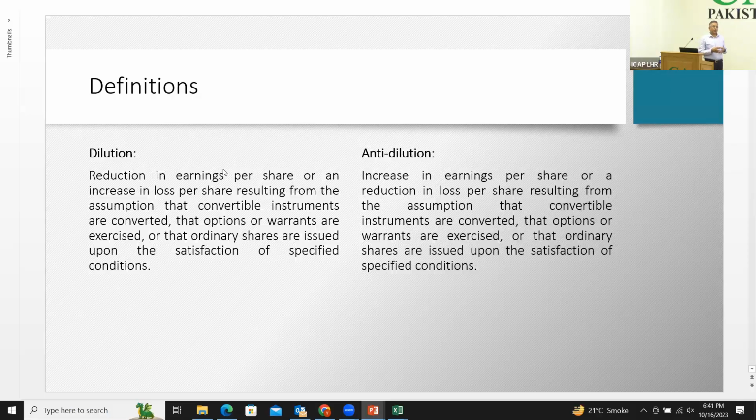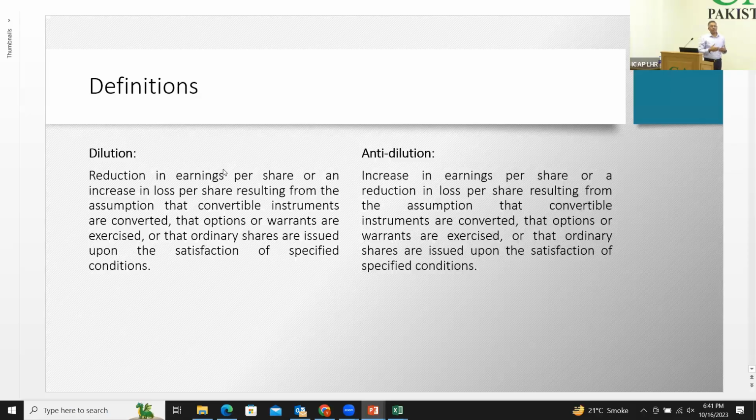What is dilution? Dilution means if it is assumed that these potentially issuable shares have been issued, and my earning has dropped, it will be called dilutive, and if my earning has increased, then it will be anti-dilutive.